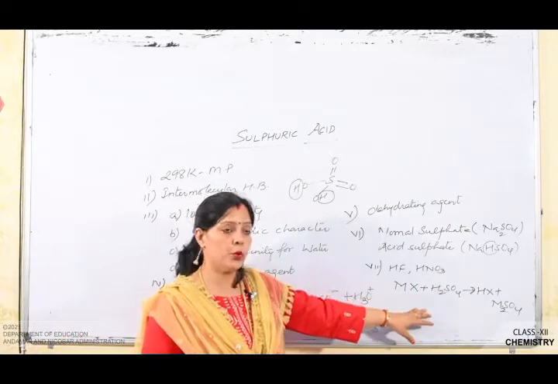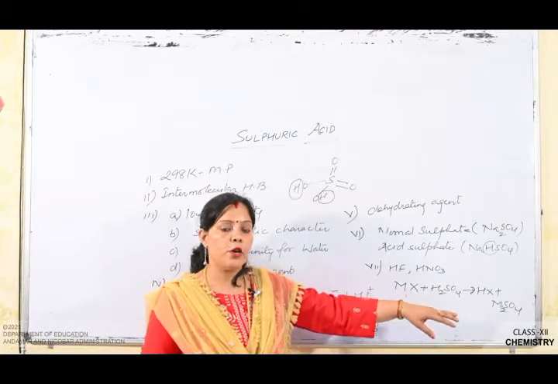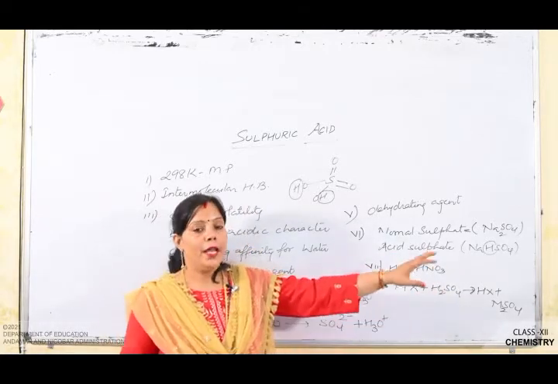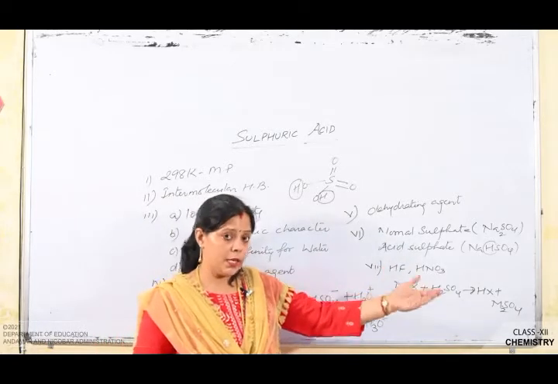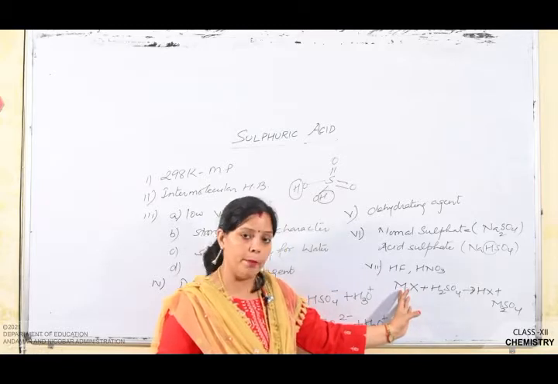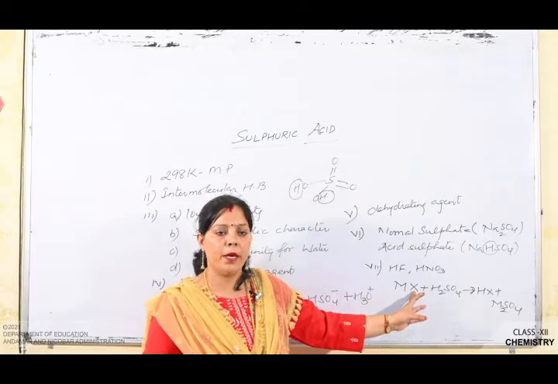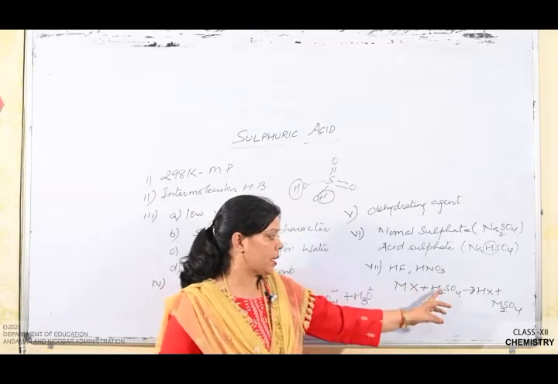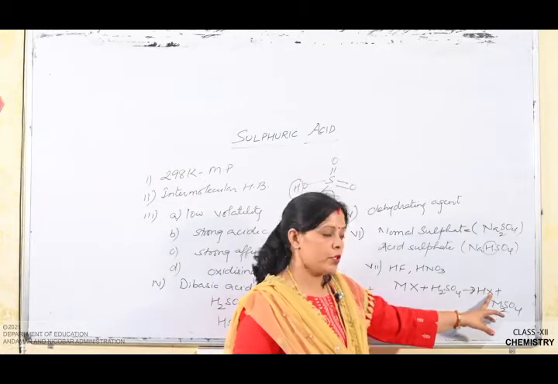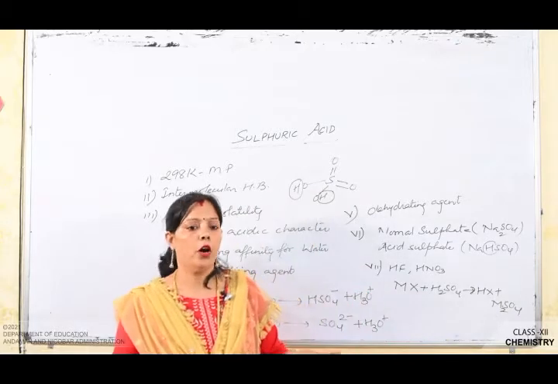This property is due to the low volatility of sulfuric acid, and it is used to manufacture more volatile compounds like HF, HNO3 and HCl, prepared from their corresponding salts. Here M is the metal and X is the halogen, for example fluorine, chlorine, bromine and iodine. So when the metal halides are combined with sulfuric acid, it gives volatile compounds like hydrogen fluoride and hydrogen chloride, when in place of X we take fluorine or chlorine.